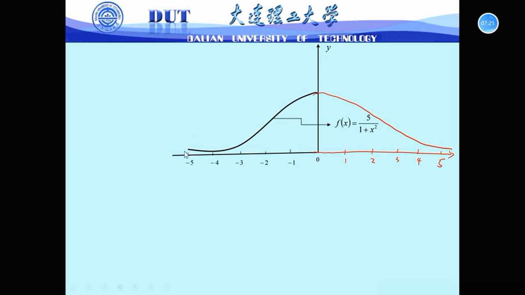This is the target function f(x) equal to 5 over 1 plus x squared. If we consider the case when n equals 6, you obtain this figure of the polynomial. Of course, this figure is not drawn by a program, so it just shows you the property, not the very exact curve.